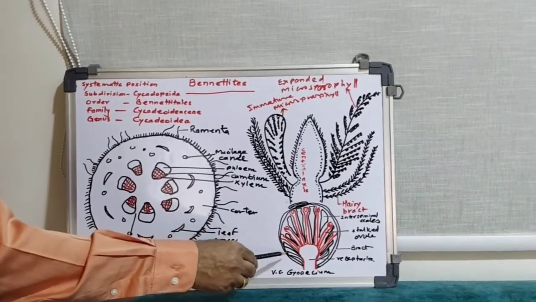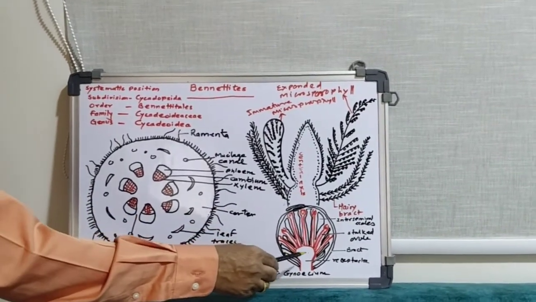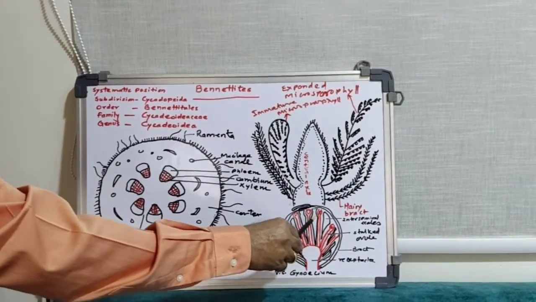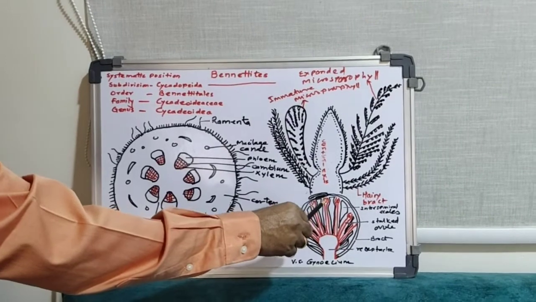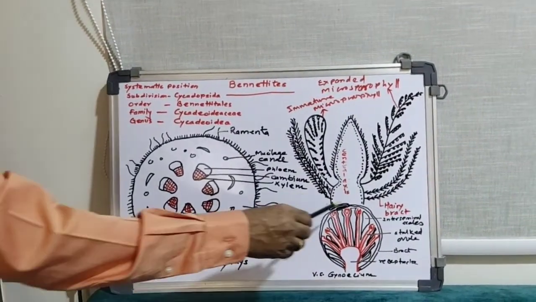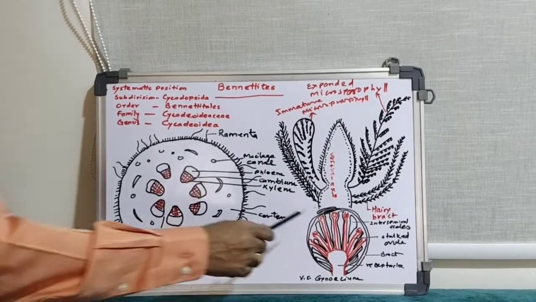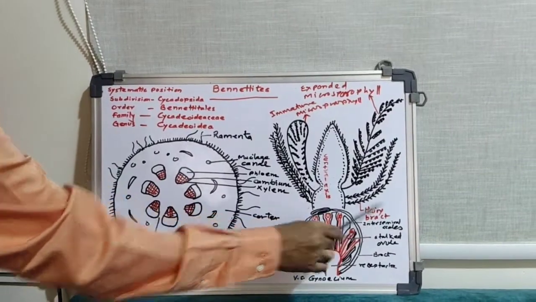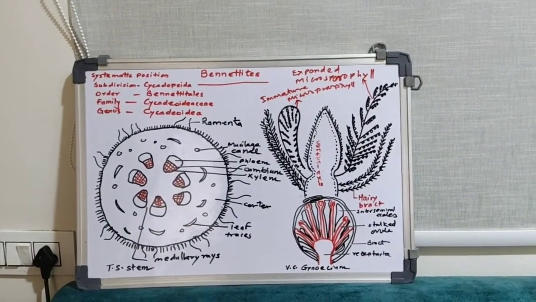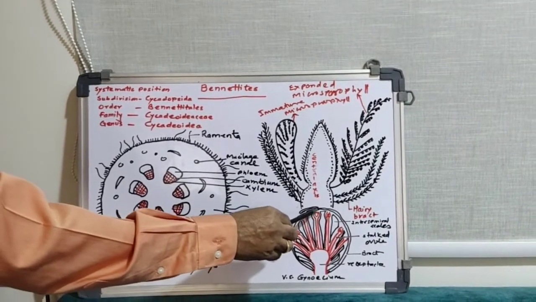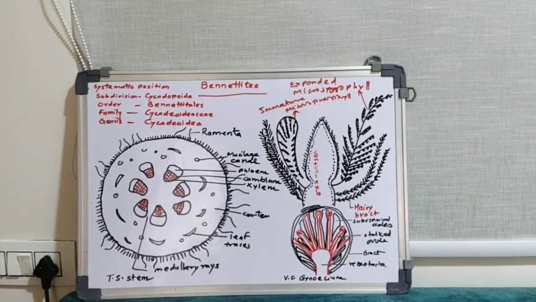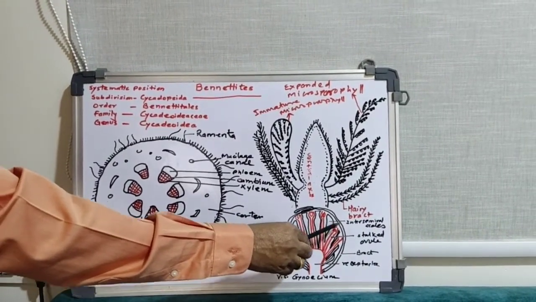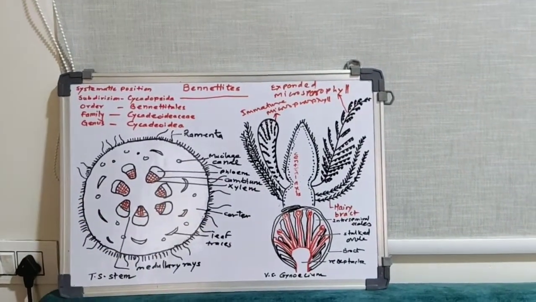This female portion was made up of a receptacle, then there was a stalk, and at the terminal end of the stalk there was the ovule. In between the stalked ovules there was a sterile portion known as interseminal scales. The ovule was an orthotropous, straight ovule.